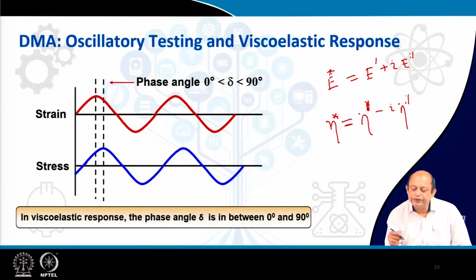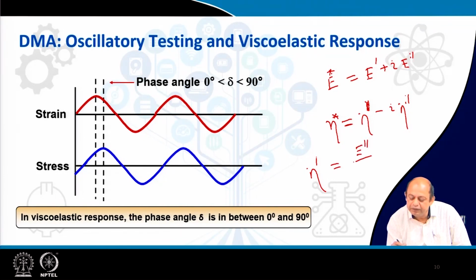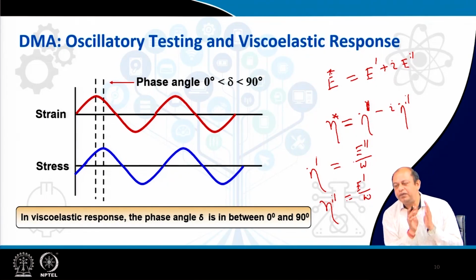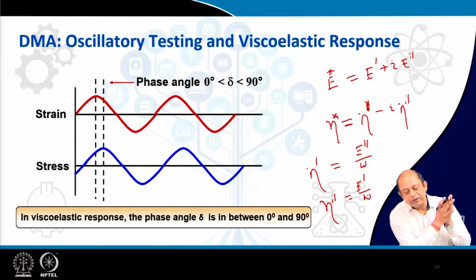Now, which one is related to which? This eta prime is related to E double prime divided by omega, if you just consider a simple Maxwell model; I am not going into the direct derivation of it. And similarly, eta double prime equals E prime by omega. It is up to you whether you are talking about dynamic mechanical properties or viscoelastic properties.